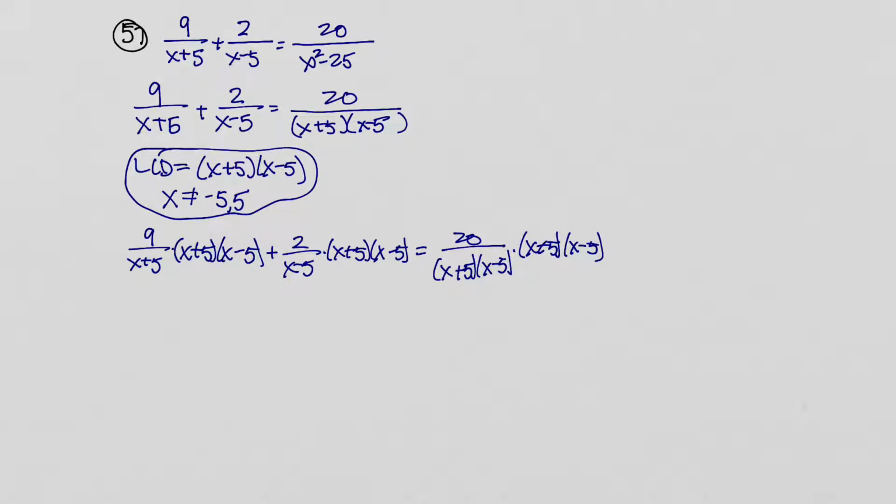Now all these denominators are going to cancel. So let's do this. We'll get this x plus 5 canceling that one. So we're left with this 9 times x minus 5.